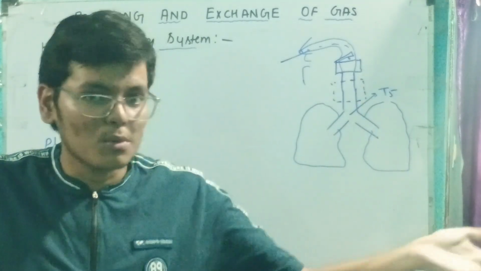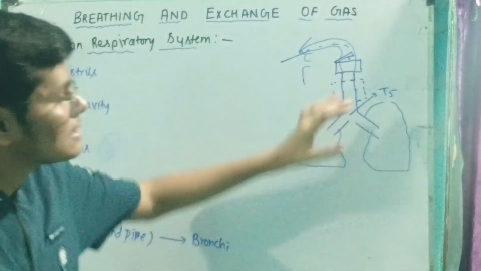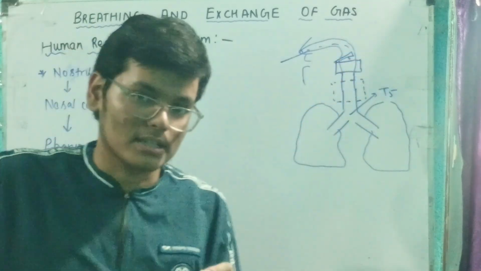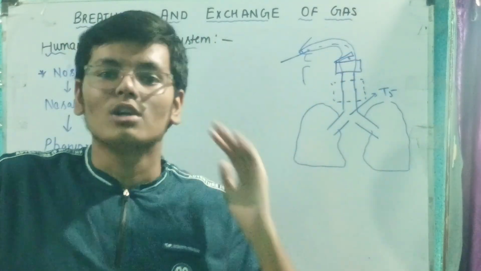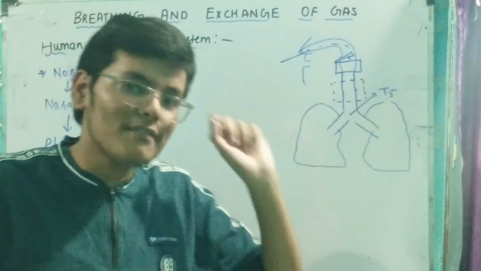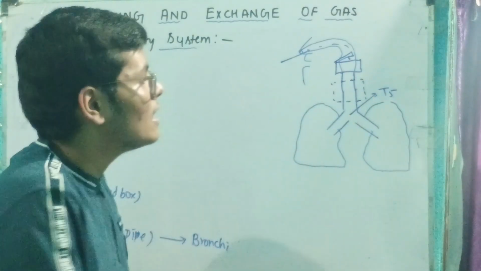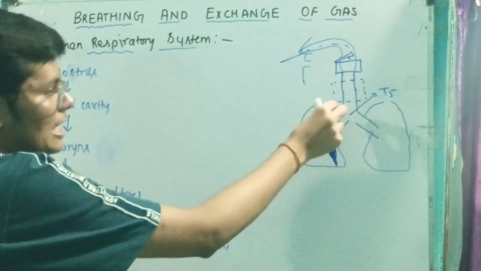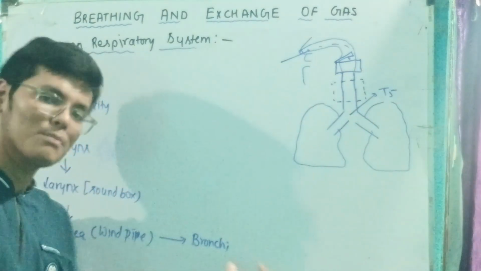The vertebral column has 26 bones, out of which there is a section of bone called thoracic. The sections are cervical, thoracic, lumbar, sacrum and coccyx. So at the T5 region, the fifth thoracic region, this trachea divides into two parts called bronchi.